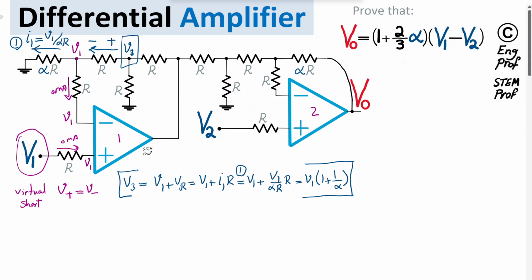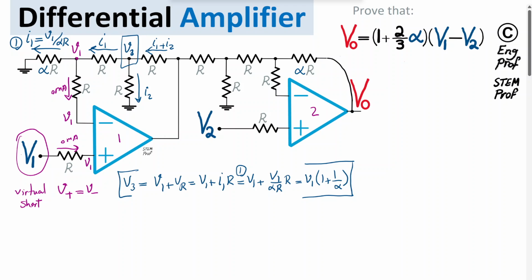Now, what happens is we have two currents. We have current I1 that is passing through our resistor here, as we just discussed, and then we have current I2 here as well, that is now going through R. The sum of these two currents is passing through this resistor because of KCL, or Kirchhoff's current law, at this node. So the sum of outgoing current should be equal to the incoming current.